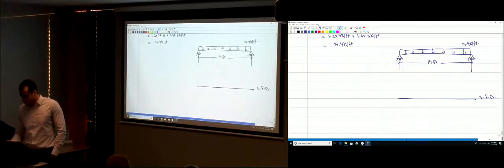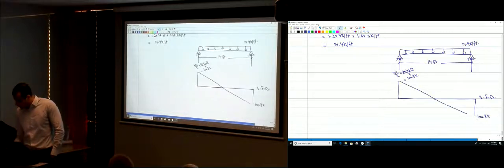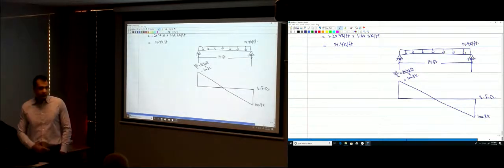How much are those going to be? wL divided by 2, so 14.4 times 14 divided by 2, that's equal to 100.8 kips. So that's the maximum shear here. It's going to be 0 right in the middle and negative 100.8 kips here. And then this is your shear force diagram. So how much is Vu, the maximum shear?